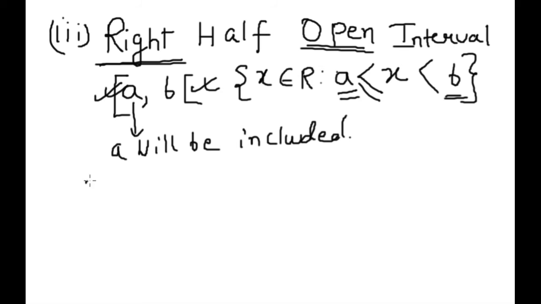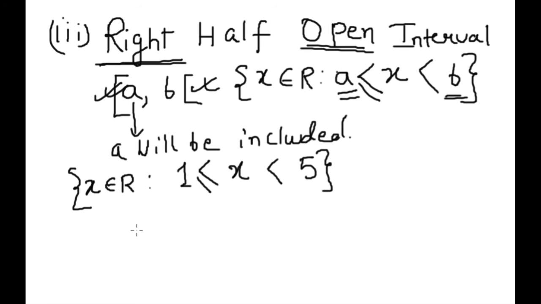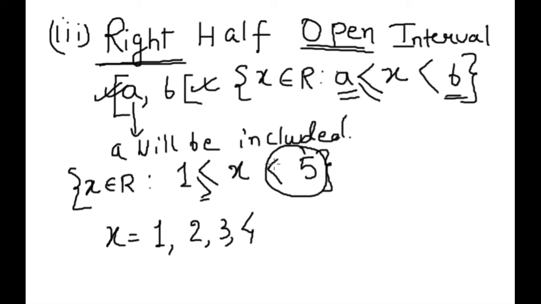Now for example, x is an element of R such that x is greater than or equal to 1 and less than 5. Then we will include 1, 2, 3 and 4, because this is not equal to, this is only less than 5. So less than 5 is 4.